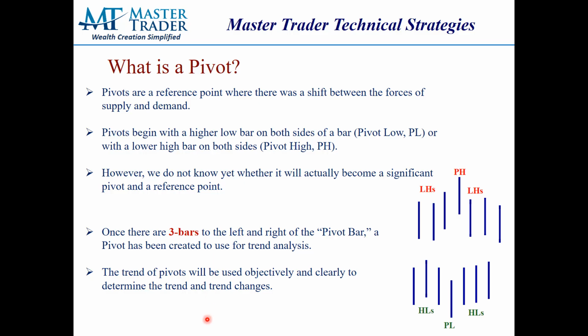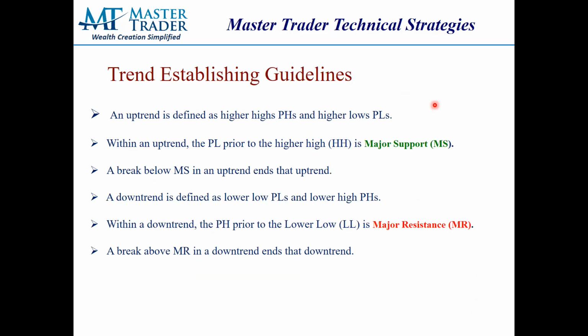Now we're going to look at what the trend of pivots will be, and we'll use that objectively and clearly to determine the trend and trend changes. So we need to establish some guidelines. An uptrend is defined as pivot highs and pivot lows, higher highs and higher lows. So within that uptrend, a pivot low prior to the higher high is major support.